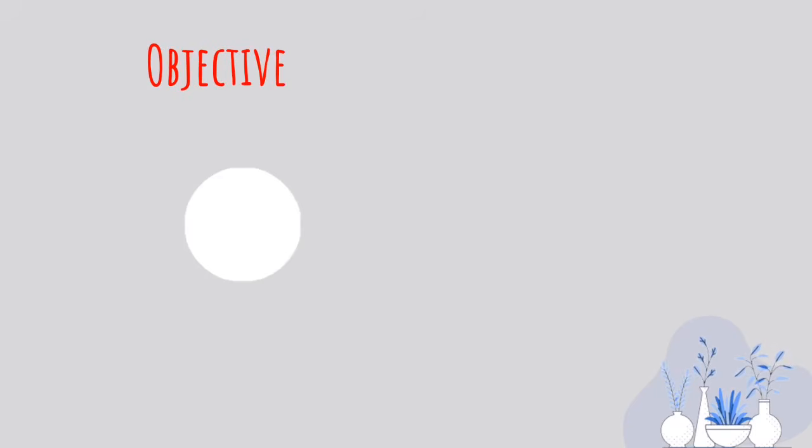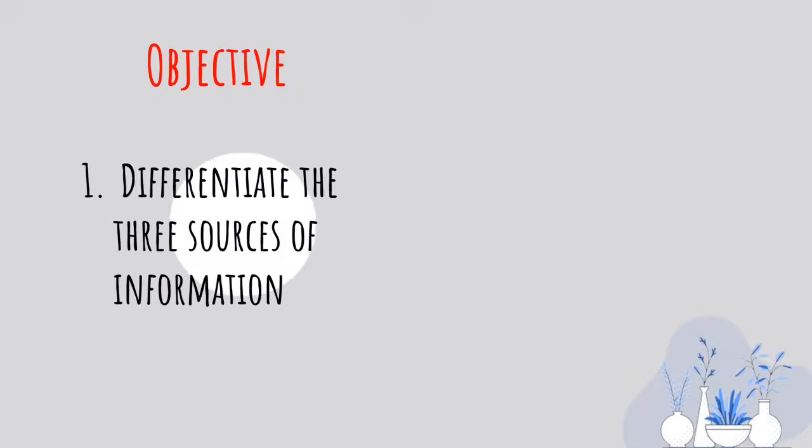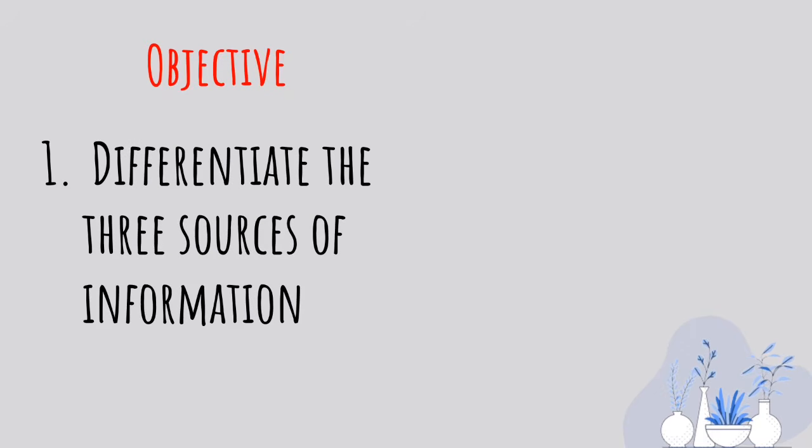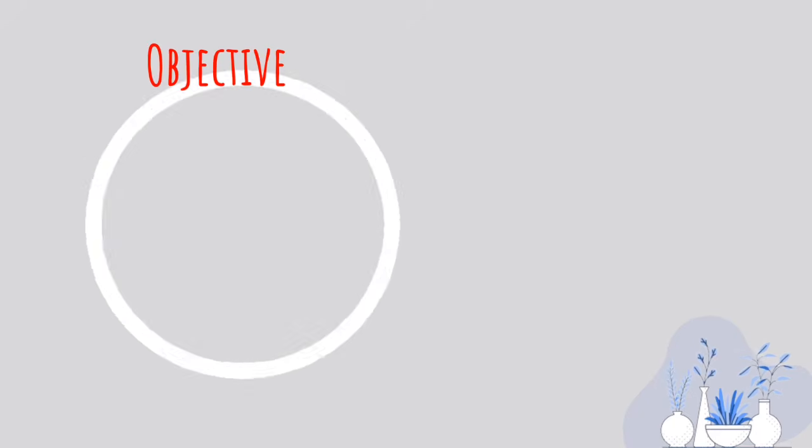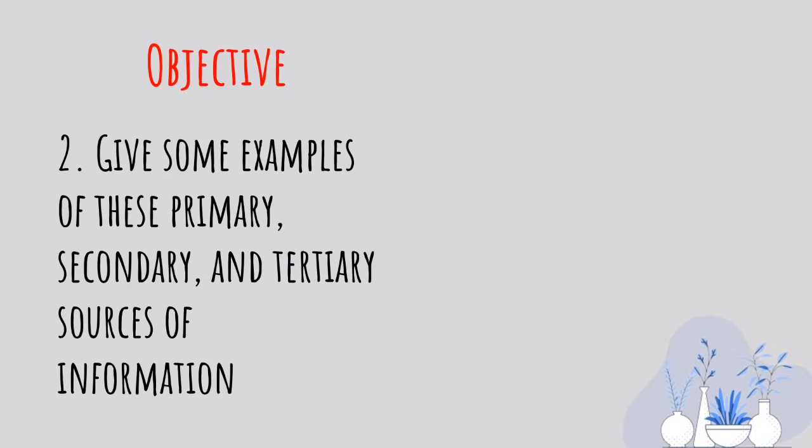Let us check if you were able to attain all the 3 objectives of this lesson. Were you able to differentiate the three sources of information? Check. Were you able to give some examples of these primary, secondary, and tertiary sources of information?